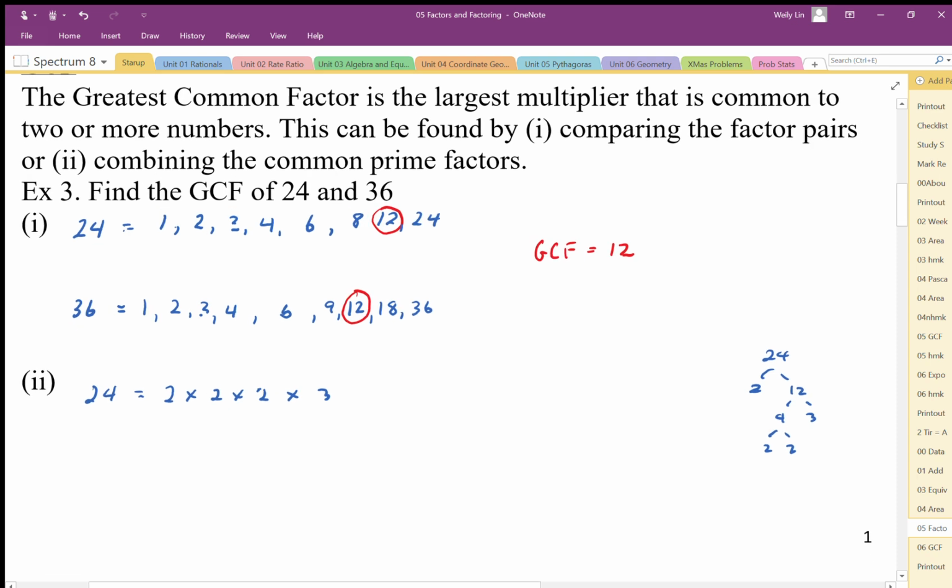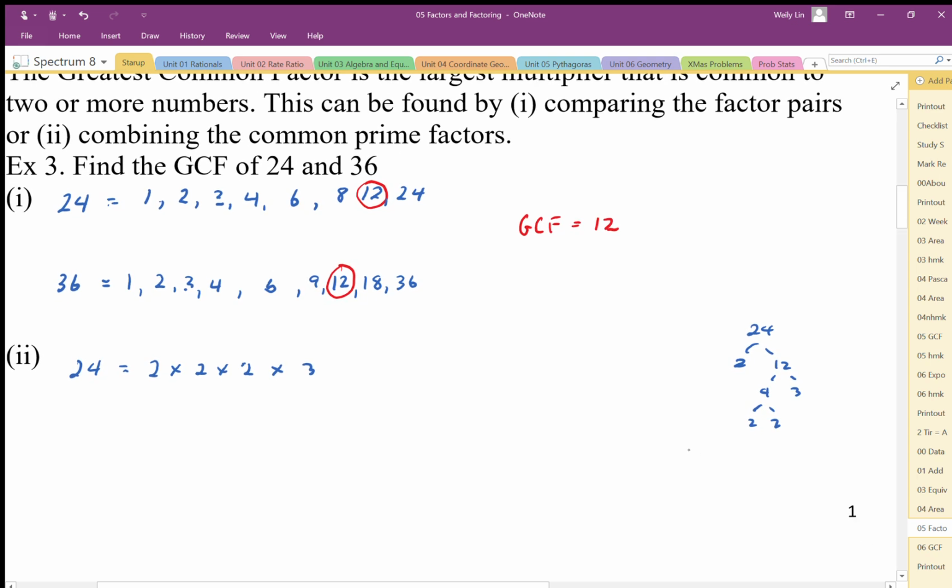Now I'm going to do 36 the other way, using my little box method. I'm going to do 3, and this is going to be 12. 3 again, and I get 4. Then 2 and 2. So I can write 36 in its prime factors as 2 times 2 times 3 times 3.